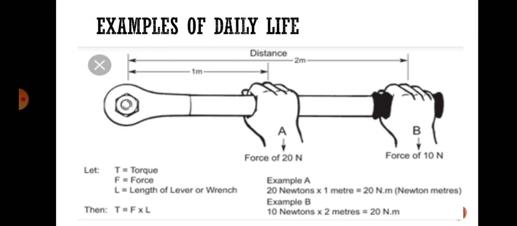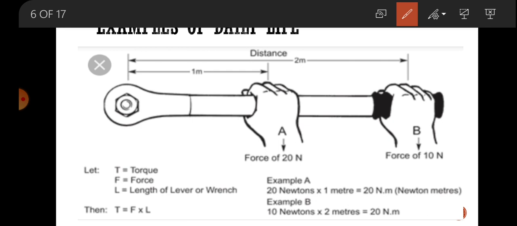Now, examples from daily life. Before going to the examples, this is also an example. You have a wrench there. You can see that there are 2 points of application of force.